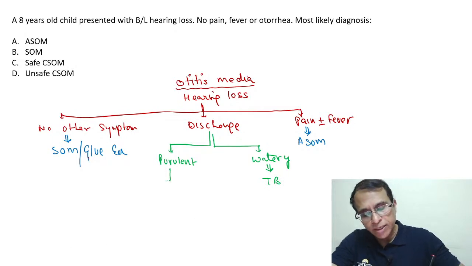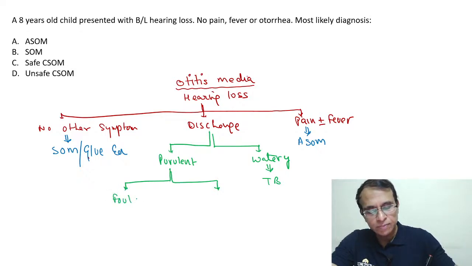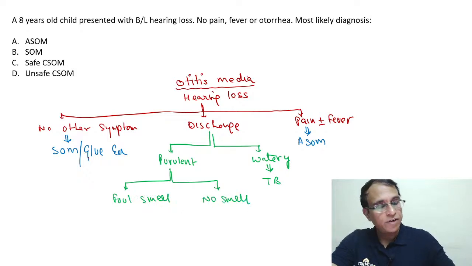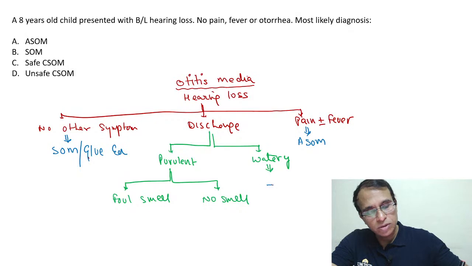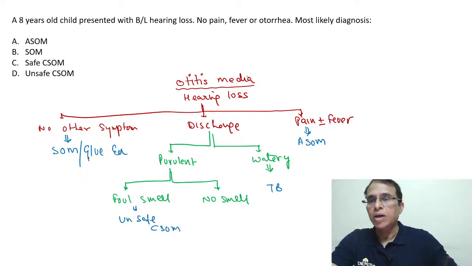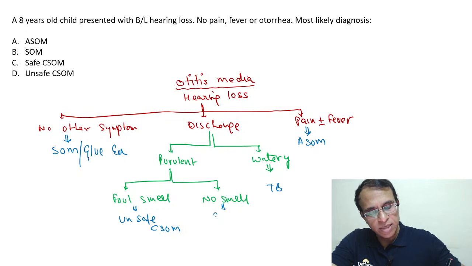But if it is purulent, meaning pus, is it foul smelling or no smell? If it is foul smelling, then it is unsafe CSOM. And if there is no smell, it is safe CSOM.